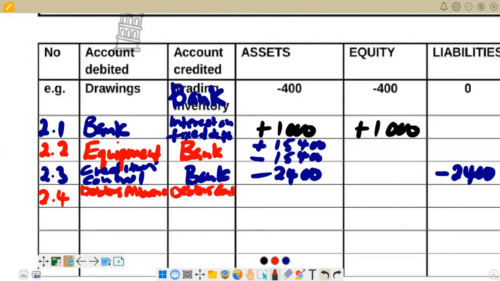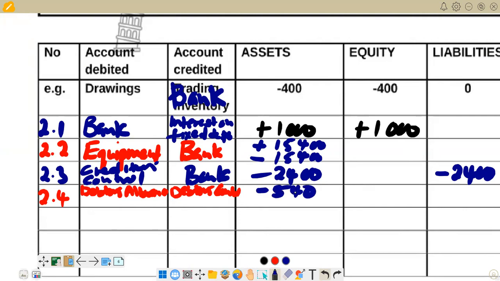The amount, remember, was 540. The debtors control is part of assets, and we are crediting. Whenever we credit an asset, it's a minus, so you're supposed to have a minus 540 here.